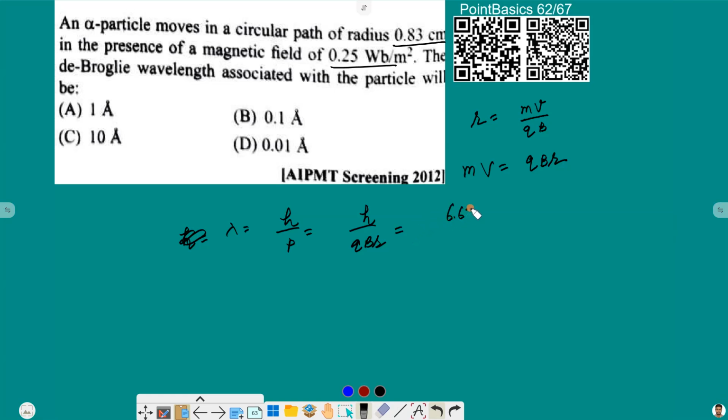Now h is 6.626 × 10^-34 divided by q, that is the charge of the alpha particle, that will be twice the charge of the electron, so 2 × 1.6 × 10^-19, magnetic field 0.25, and radius, that is 0.83. After solving this, what will we get? We will get 0.01 angstrom, and that is option D for us.